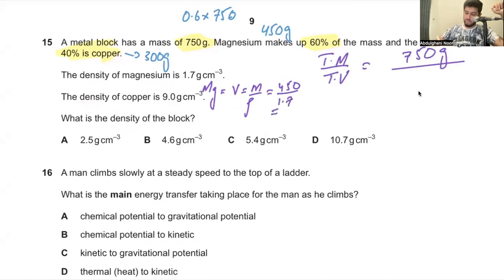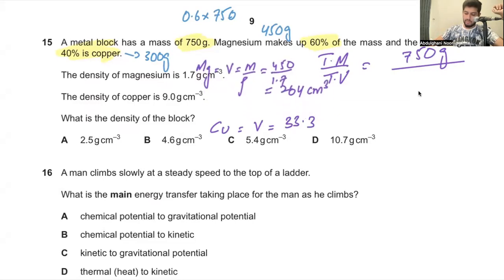And that is equal to 264 centimeter cube. You do the same thing for copper, and for copper the volume comes out to be 33.3. So 264 for magnesium and for copper, the volume is 33.3.